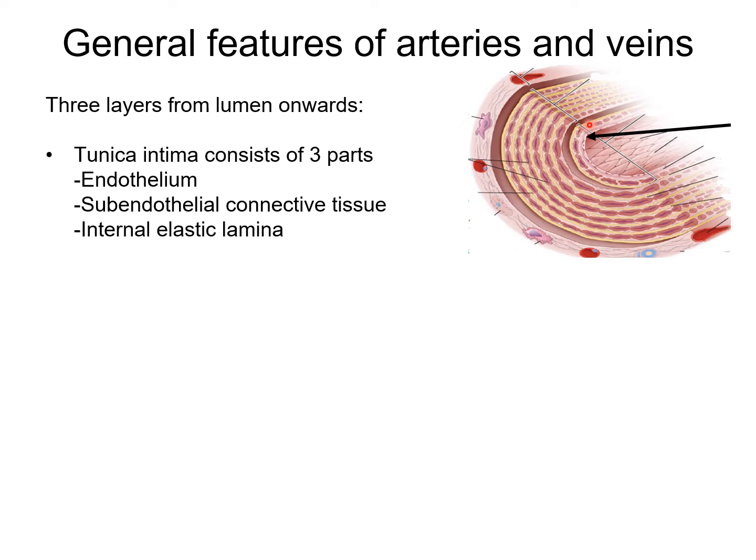So, the tunica intima has three components: the endothelium, subendothelial connective tissue, and the internal elastic lamina.